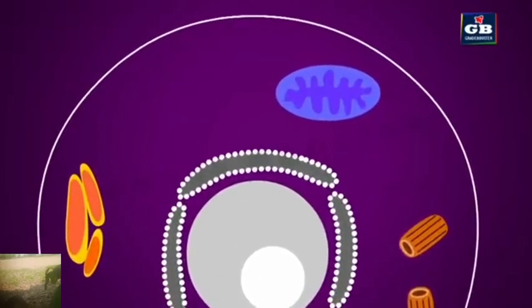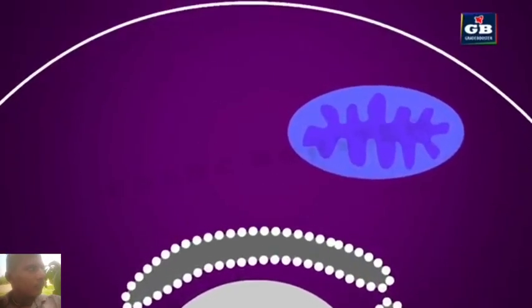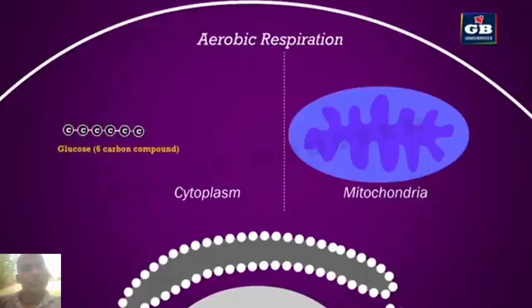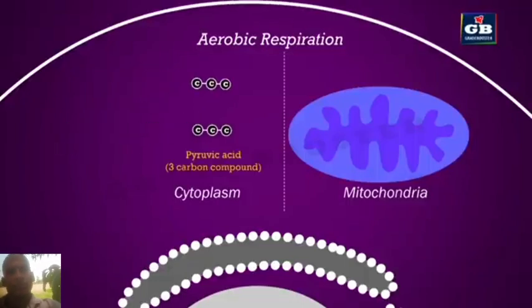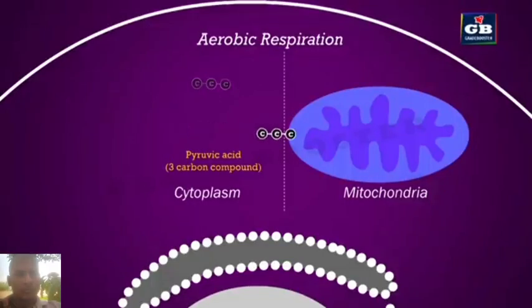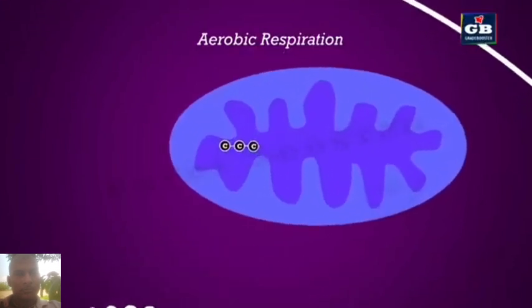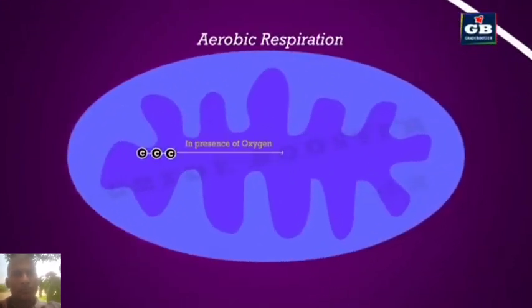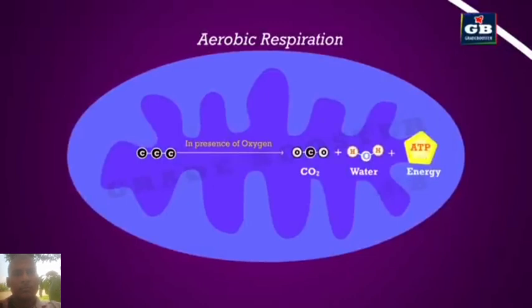In aerobic respiration, one glucose molecule splits into two pyruvic acid molecules. This step takes place in the cytoplasm of the cell. Now, these pyruvic acid molecules enter the mitochondria. Inside the mitochondria, these pyruvic acid molecules turn into water and carbon dioxide. In this process, energy is released.